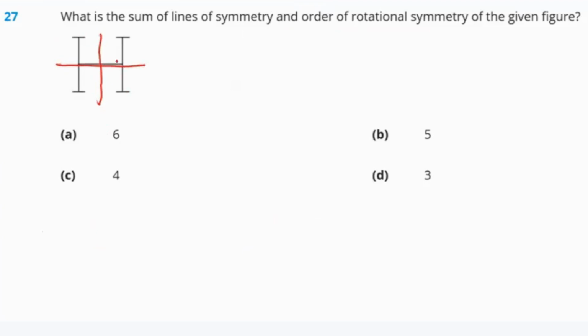And for the order of rotational symmetry, this figure makes a rotation of 180 degrees, so 360 divided by 180, we will be getting 2. So the order of rotational symmetry is 2, and lines of symmetry is also 2, so 2 plus 2 we will be getting 4. So for 27 the correct answer has to be 4.